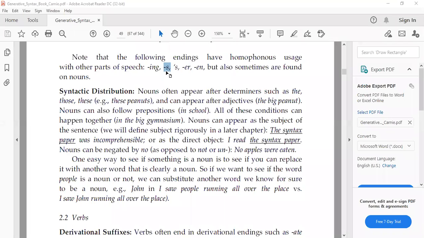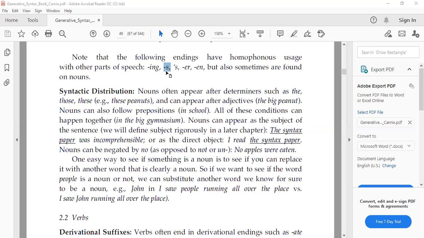So ER, if we say teach, teacher, Ala. Jihad? When we make the verb into a noun, like teach, teacher. So teach, teacher, ER here is a noun forming suffix. So teach, teacher, ER in this case shows that it is a noun.